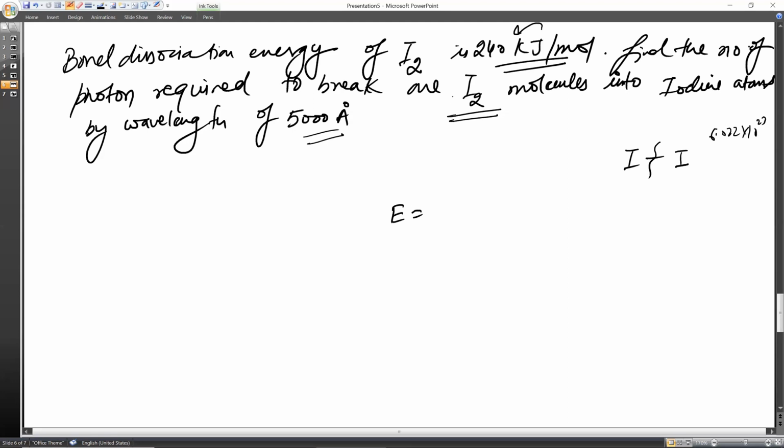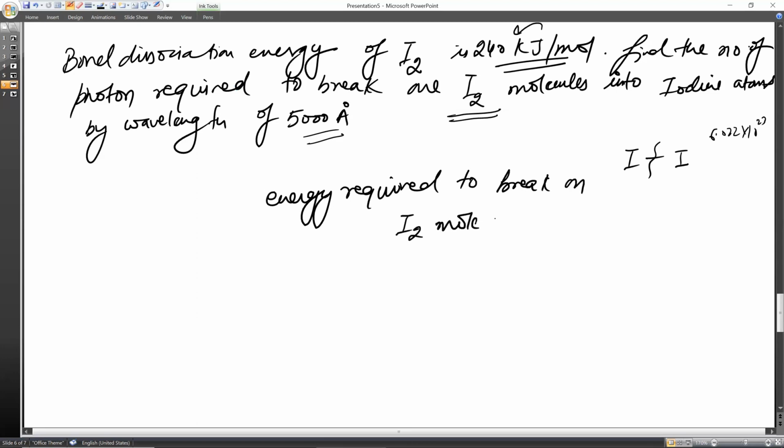If we are just breaking only one, if I calculate the energy required to break one I2 molecule, how much will it be? Tell me. It will be, this is 240.